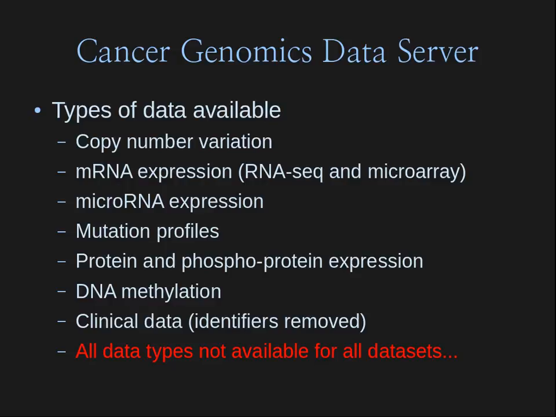All that being said, we don't necessarily have all of these data types for all of these data sets. It's kind of hit or miss with some of these. mRNA expression is there with absolutely every single version. Every single patient that I've ever seen in there has mRNA expression data.